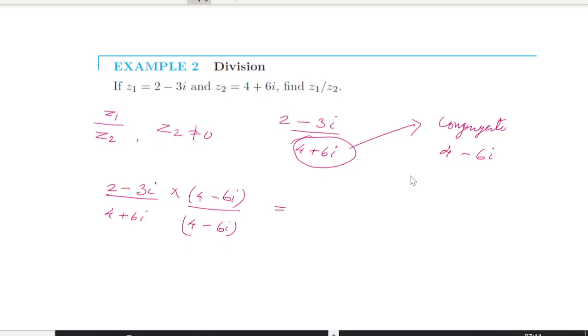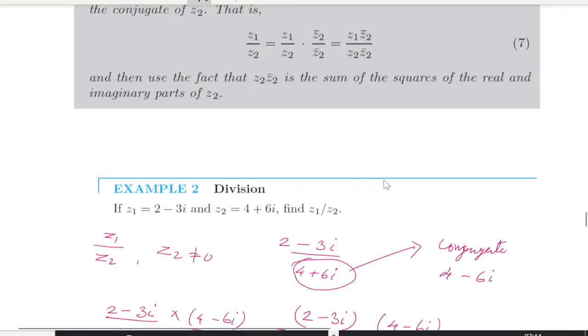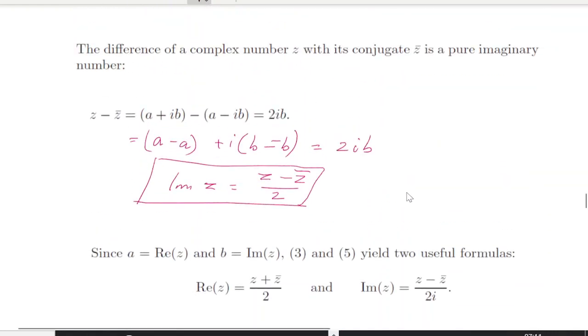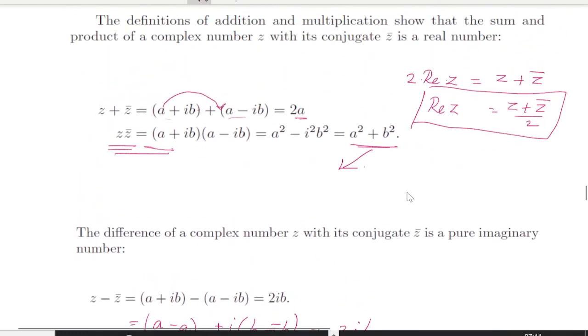So it will result as 2 minus 3i into 4 minus 6i by, what is z into z bar? As you have said, it will result in a square plus b square, right? Yeah, z into z bar is a square plus b square, that is real part square plus imaginary part square.